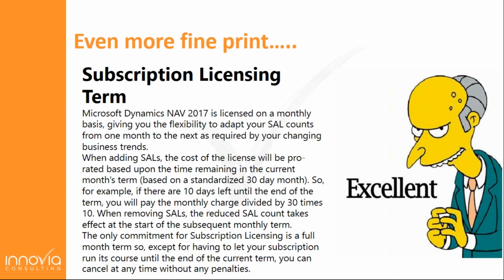You can reduce that without any penalty. All you're obligated to is 1 month per user that you add. So that's a nice bit of flexibility that you gain using the subscription licensing model. Does your workforce vary? Is it seasonal work that you do? Then maybe you'd want to consider the subscription licensing model, because it gives you that flexibility.